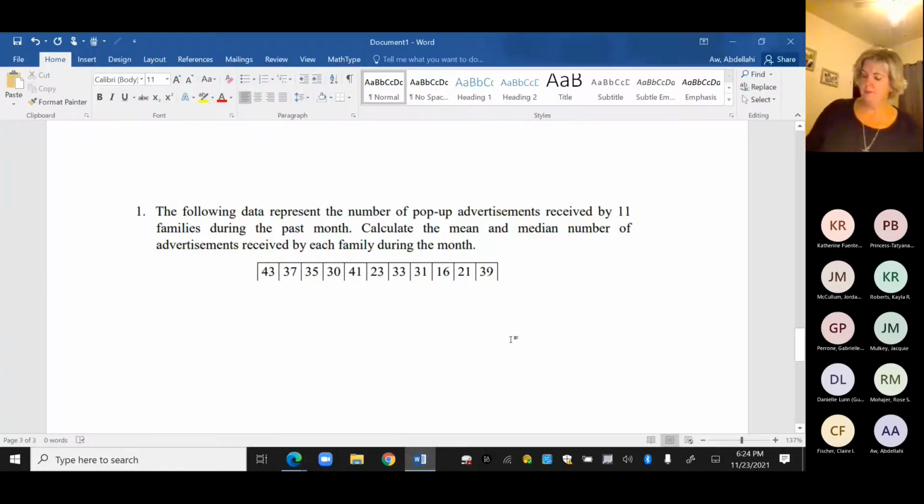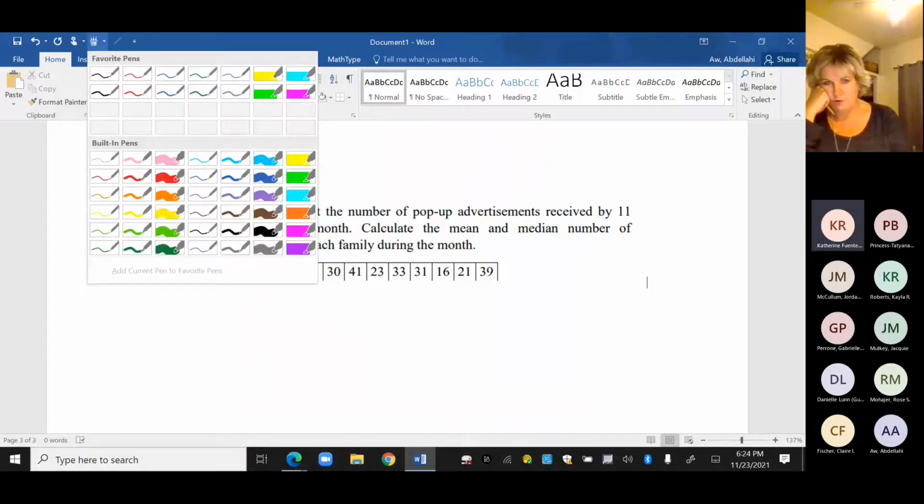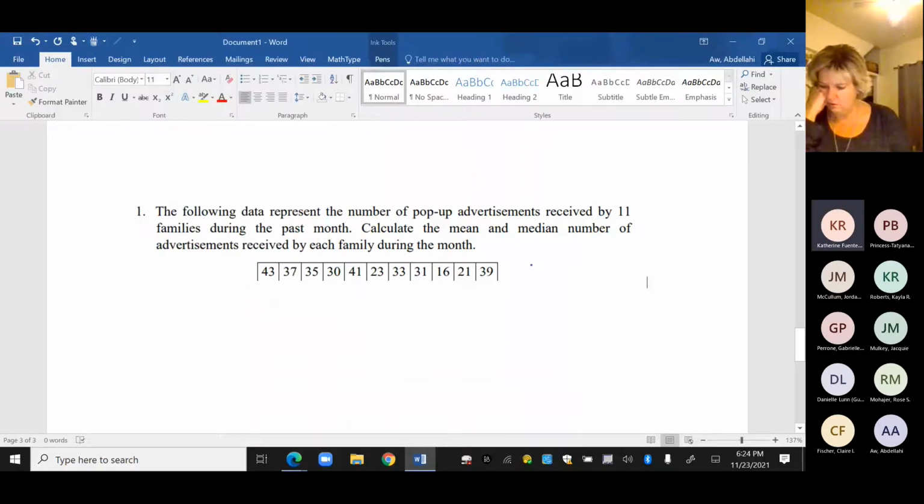All right. What is the mean, everybody, for this one? 6? Everybody got 6? So we add them up and we divide by how much?